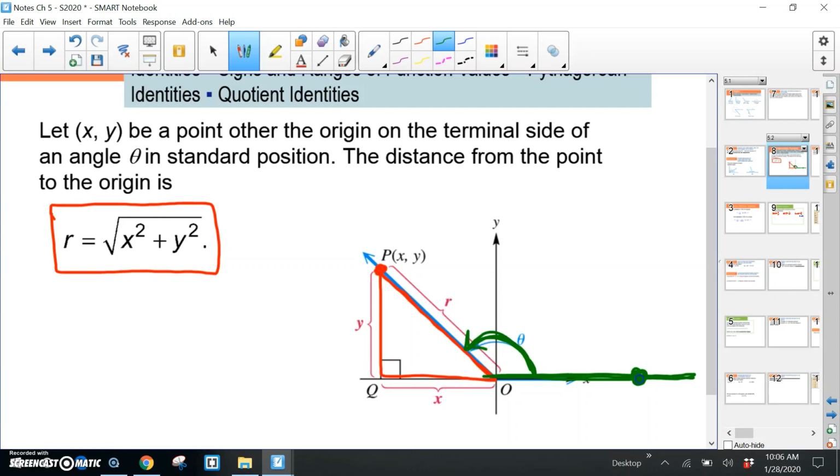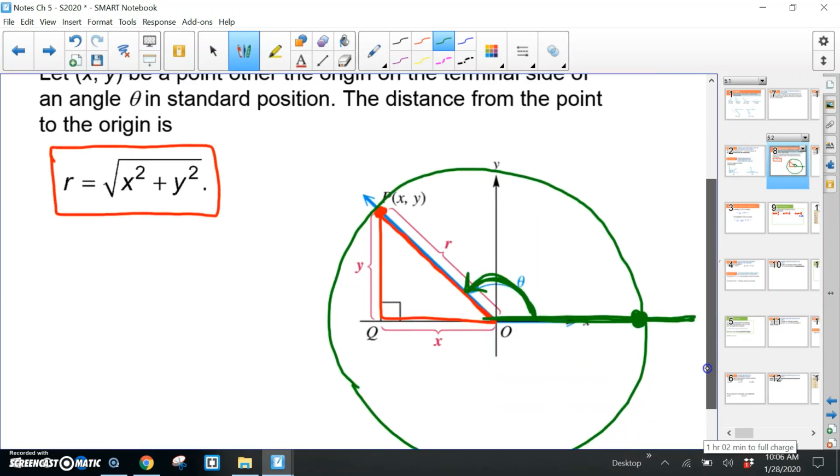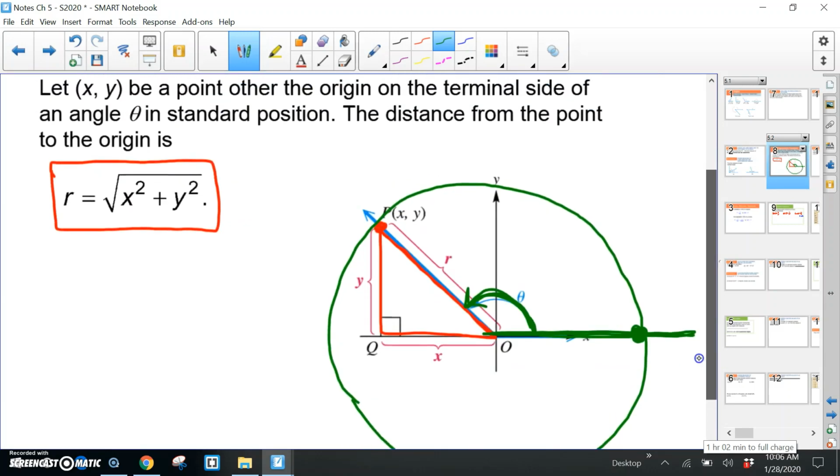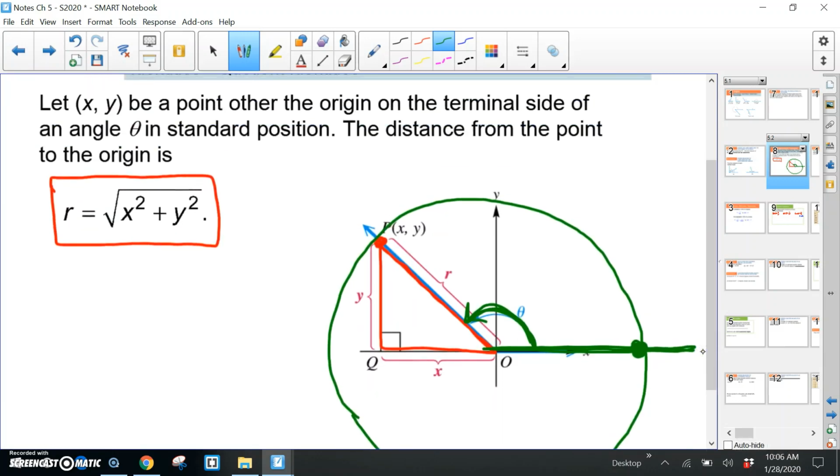If you did the same thing with this point, the point just rotates all the way around. Think about if it rotates all the way around 360 degrees. Notice if you just took that point and rotated it all the way around, it makes a circle. So you might have questioned why in the world they used the letter r.